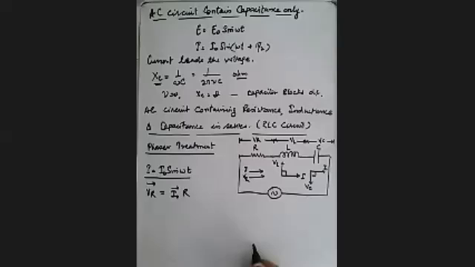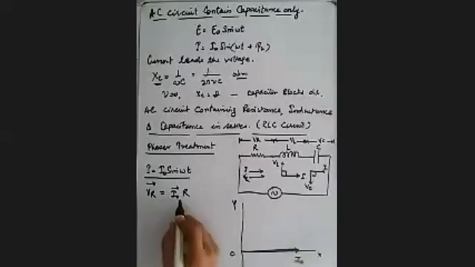Now let us take the current I naught along the X direction, and now VR will be the same. The voltage across the resistor and the current are in the same phase.